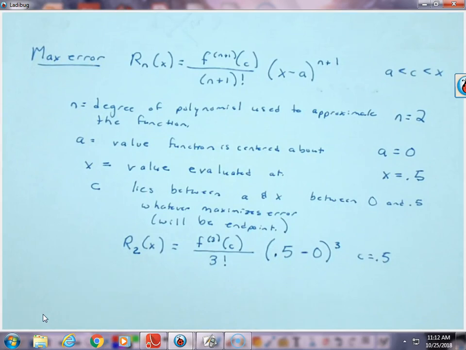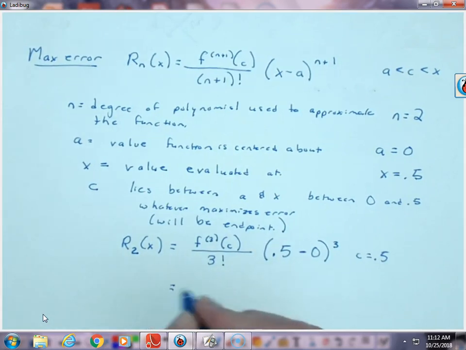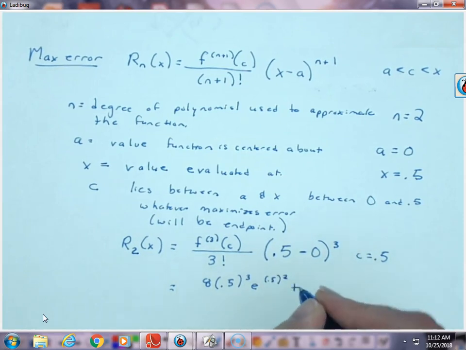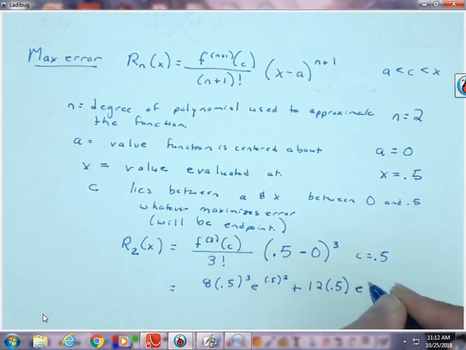Okay, and so I'm just going to put that in. So it'll be 8 times 0.5 cubed times e to the 0.5 squared plus 12 times 0.5 times e to the 0.5 squared.